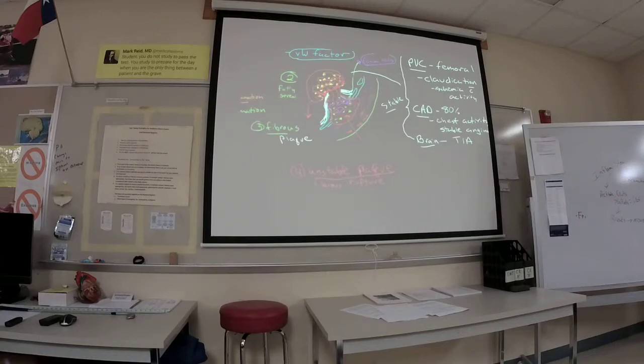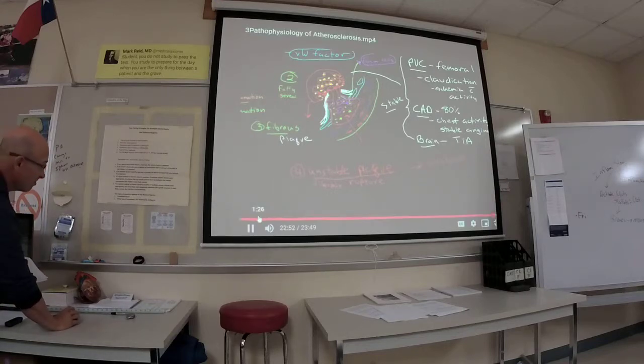So this is what causes unstable situations. So we end up with unstable angina. We end up with other acute coronary syndromes.